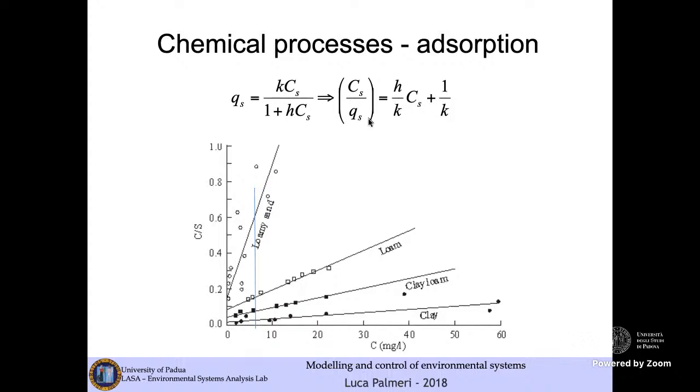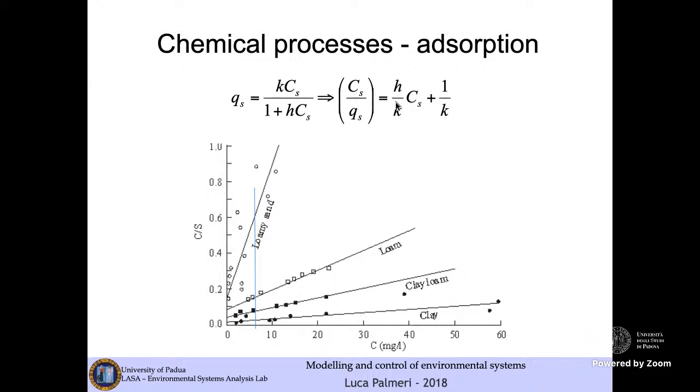So we have a linear relationship linking the ratio between the concentration on the solid surface and the concentration in the liquid, which is linearly equal to H over K times the concentration in the liquid.